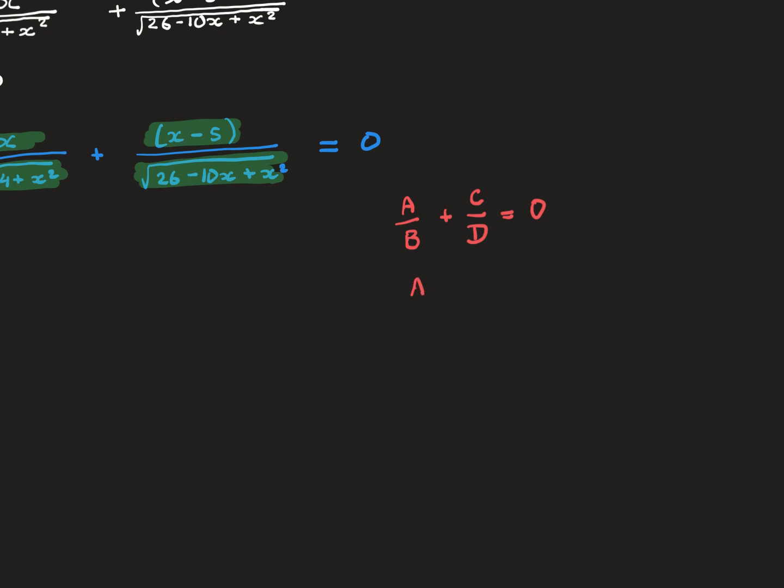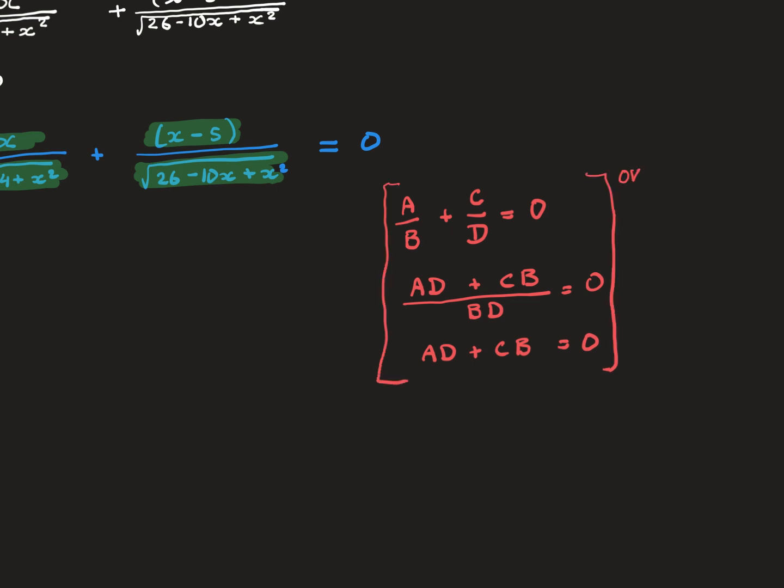So we'll multiply AD together plus CB together over BD, which means that we can now multiply by BD, and the AD plus CB is equal to 0.